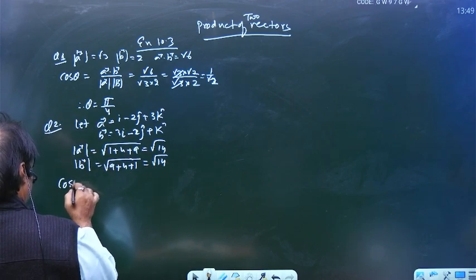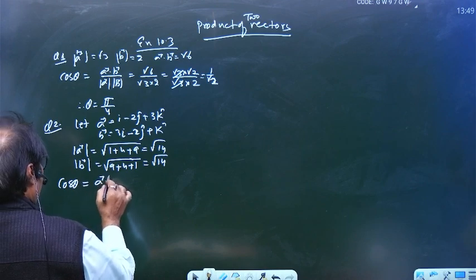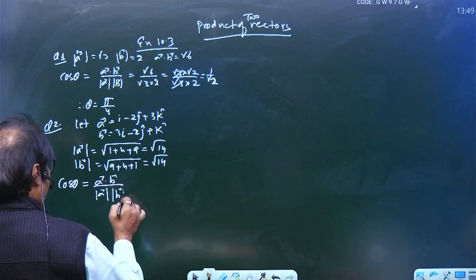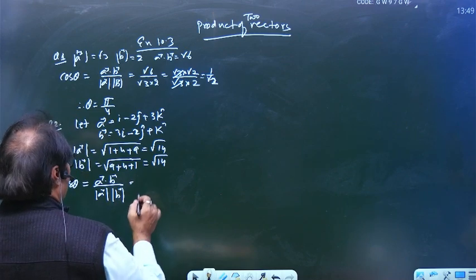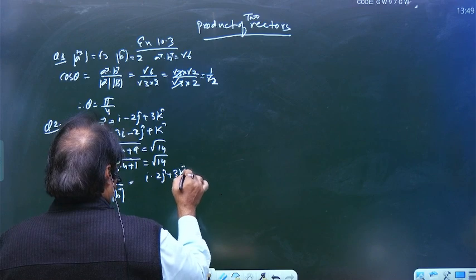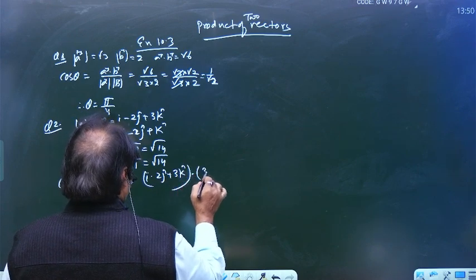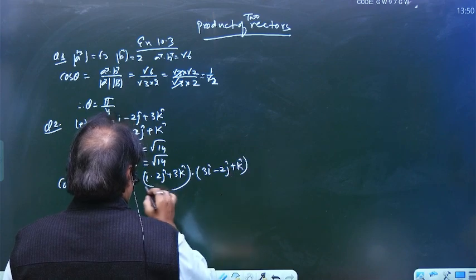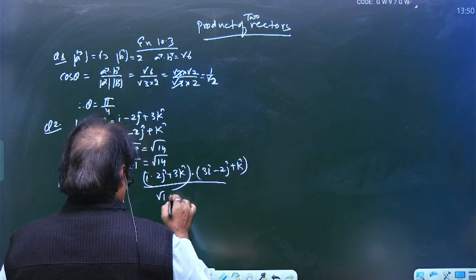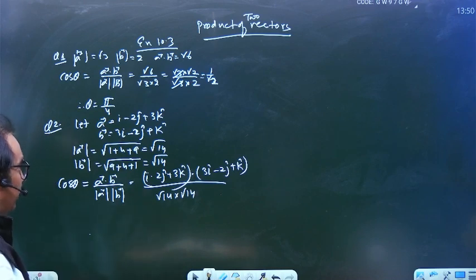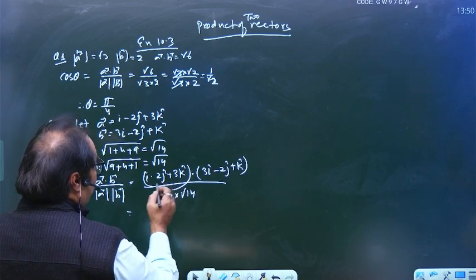Then apply the formula: cos theta is equal to a dot b upon magnitude of a into magnitude of b. So a dot b means i minus 2j plus 3k dot 3i cap minus 2j cap plus k cap, divided by root over 14 into root over 14, because the magnitudes of a and b are both the same. Now apply the dot product.